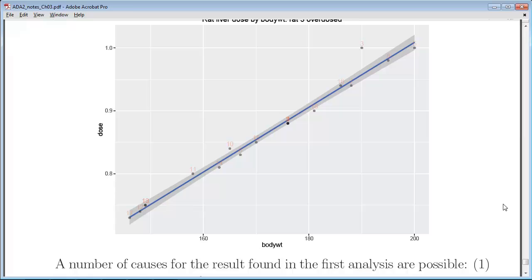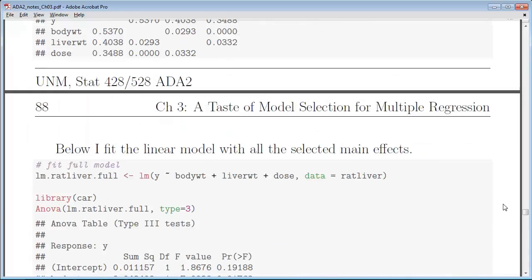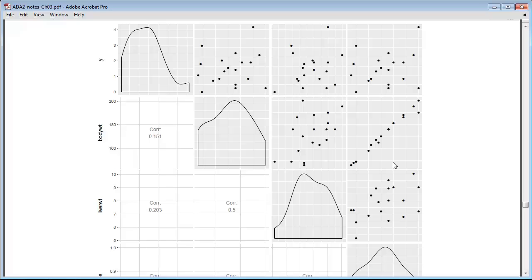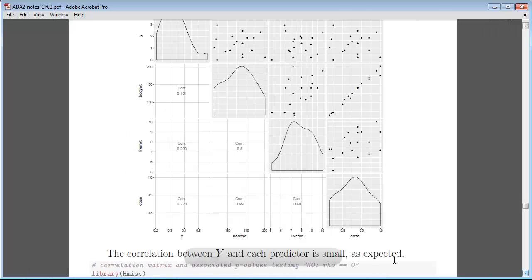Now, one thing that a careful eye would have seen earlier, let me page back up to our initial scatter plot. Okay, I'm going to zoom out just a little bit. So here's dose as the last column, and here's body weight as the second row. And so this is the line that we're looking at.